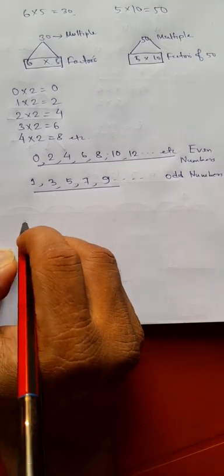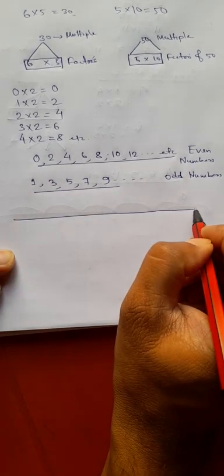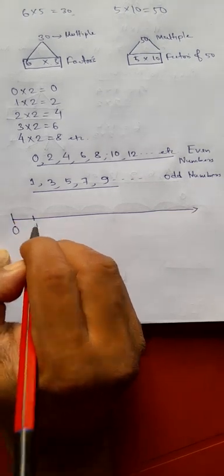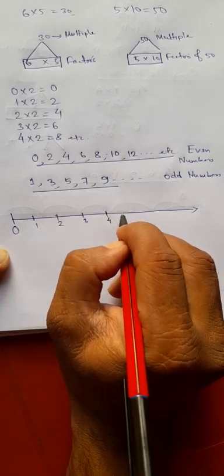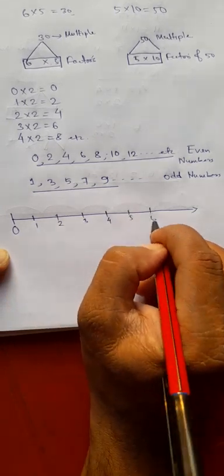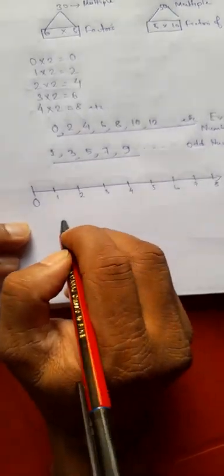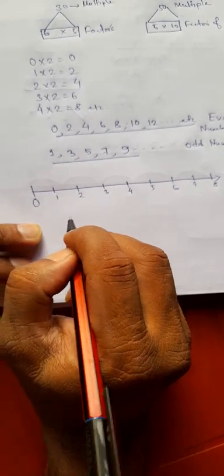We have already learned that whole numbers can be represented on the number line, starting with 0, 1, 2, 3, 4, 5, 6, 7, 8, etc. Now you see the difference between any two successive even numbers.